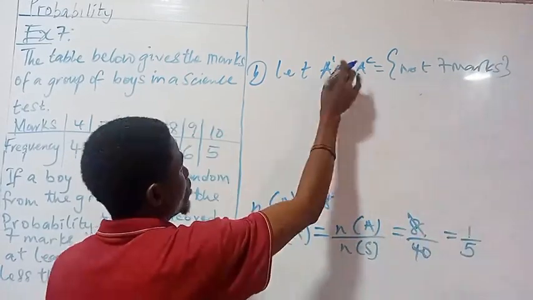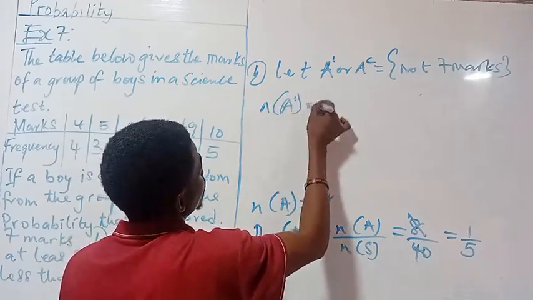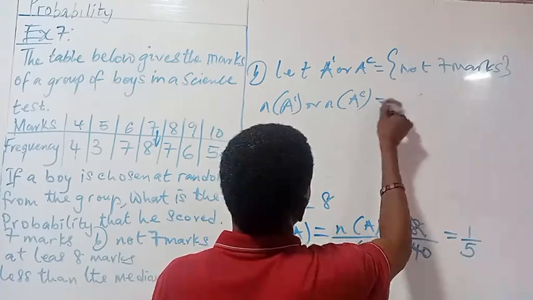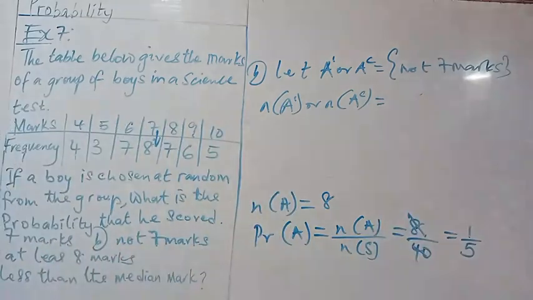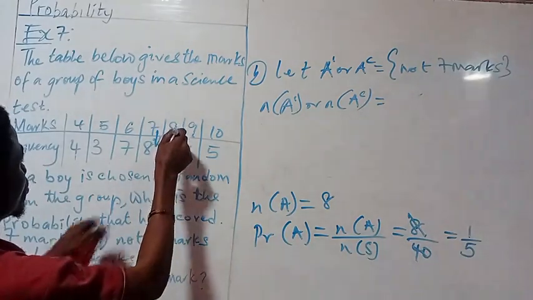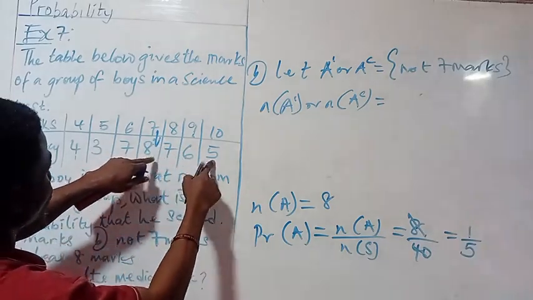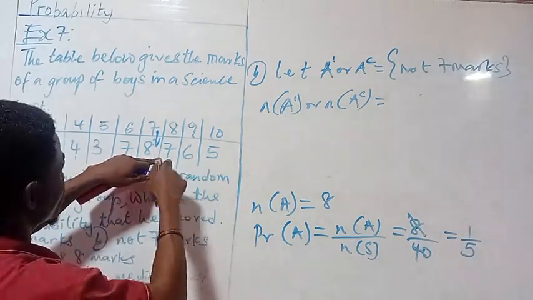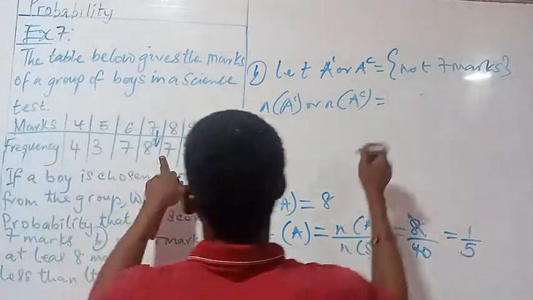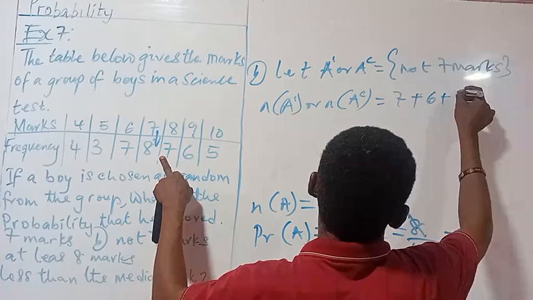So the cardinality of A complement is going to be those with not 7 marks. So for not 7 marks we are going to have 7, 6, 5. Yes, sorry, 7, 6, 5. Not 7 marks, we have 7, 6, 5. 7 plus 6 plus 5.